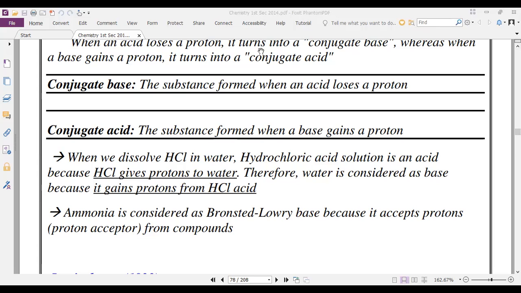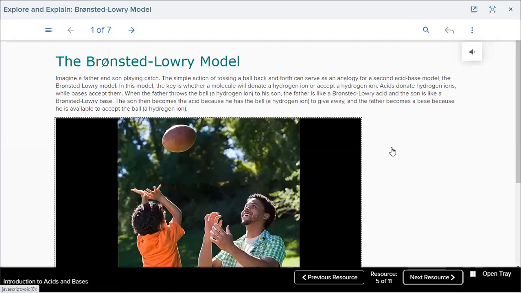Explain Bronsted-Lowry another way. Okay, try to listen, please. The Bronsted-Lowry model. Imagine a father and son playing catch. The simple action of tossing a ball back and forth can serve as an analogy for a second acid-base model, the Bronsted-Lowry model.